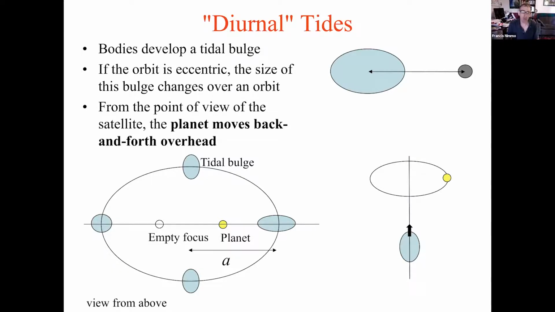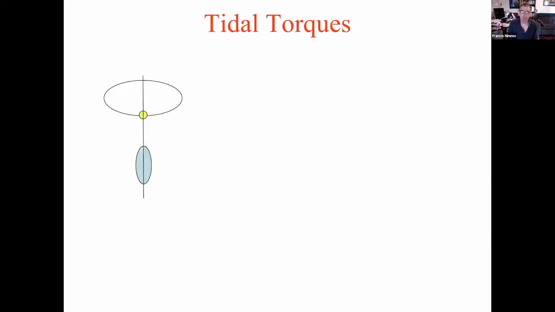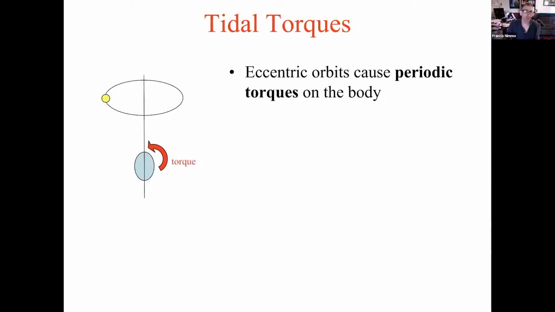Okay, one of the reasons that this is important is because you're going to get torques. If the planet is in line with the satellite, then it's not going to exert any torques. But when the planet moves off the line, then you've got this distorted satellite, the planet is over here, and so you're going to experience an anti-clockwise torque, and then half an orbit later, you're going to experience a clockwise torque.